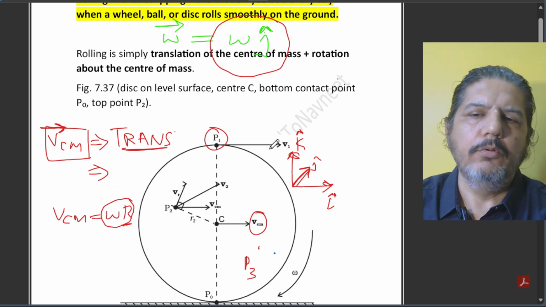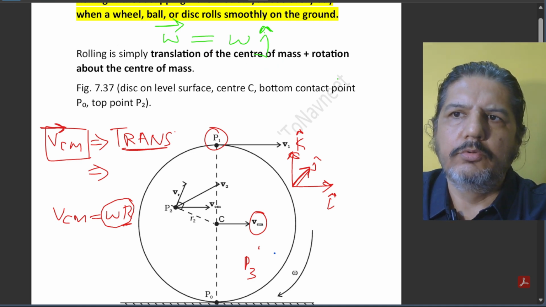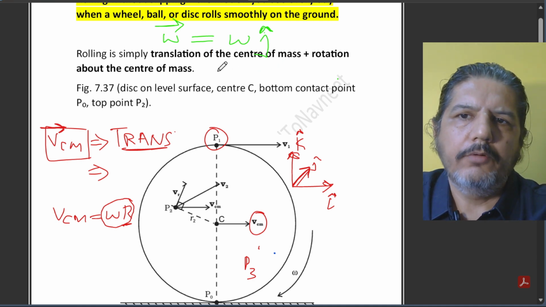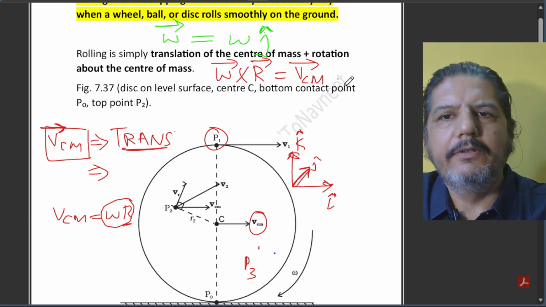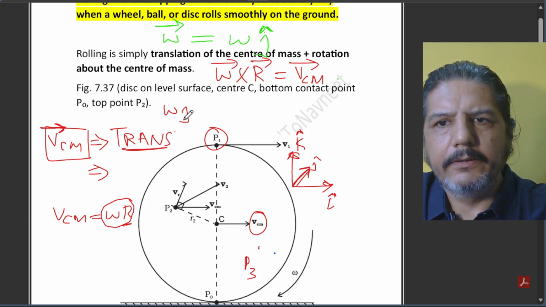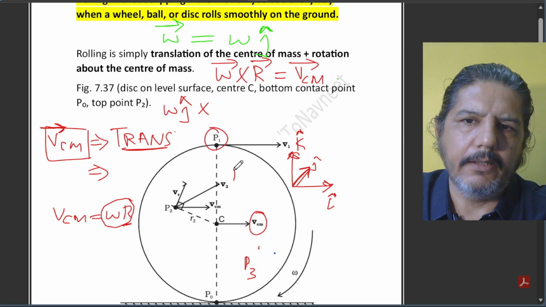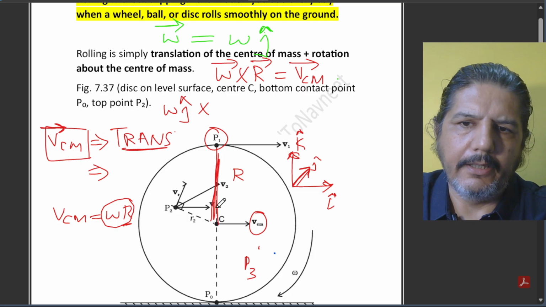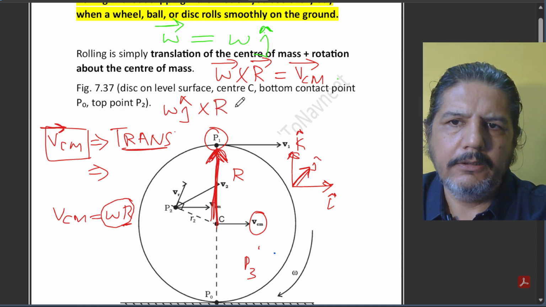So now I just have to do the cross product of omega cross r to calculate the VCM. I have omega j cross. Now at P1, the radius is r, and this is how the radius looks, pointing in the k direction. So I can write this as r k.